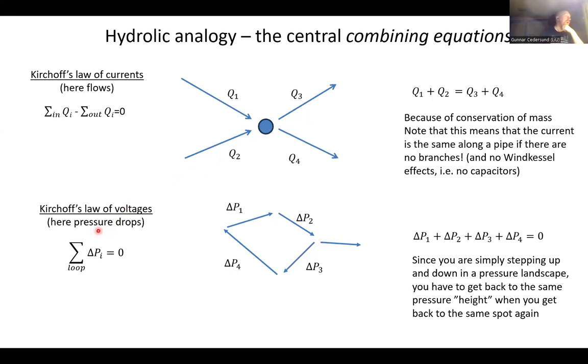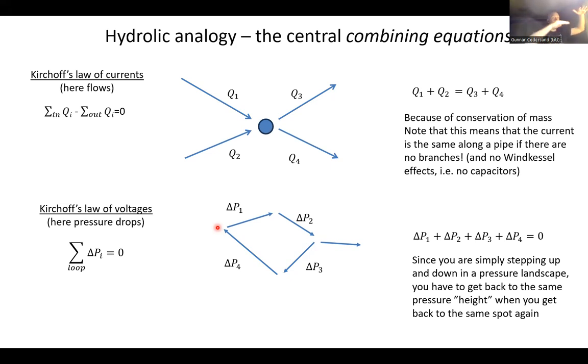In the same way, you have Kirchhoff's law of voltages, or here Kirchhoff's law of pressure drops. So if you look at the pressure drops across each little component, and you go around in a circle, so you come back, then by definition you have come back to the same potential again. So all of these delta pressures here have to add up to 0, because you are basically going around in a landscape of different pressures.